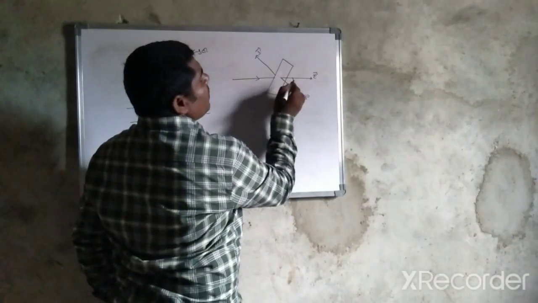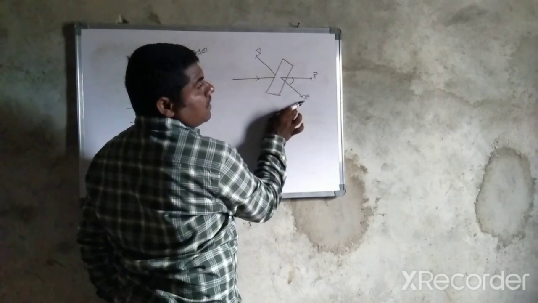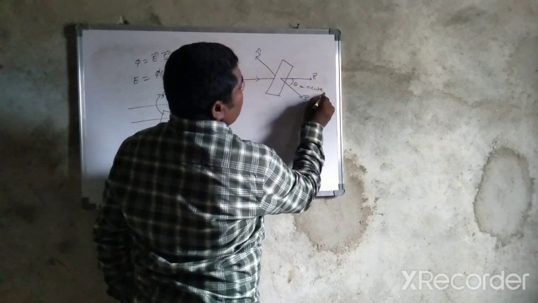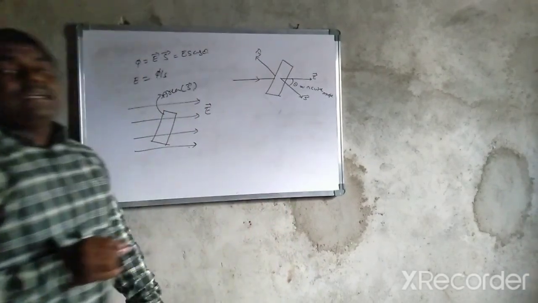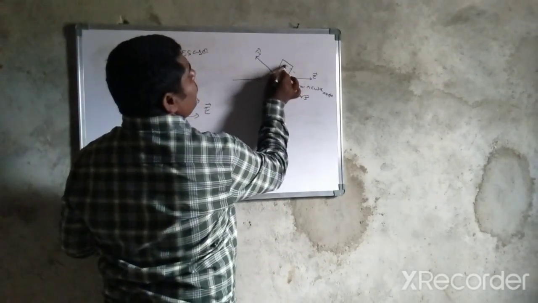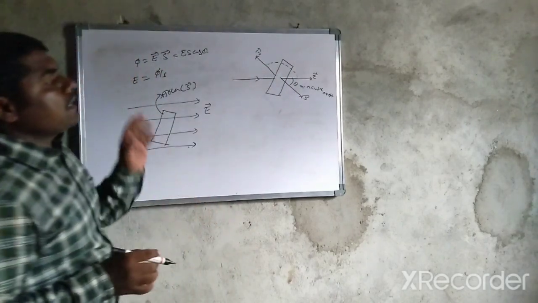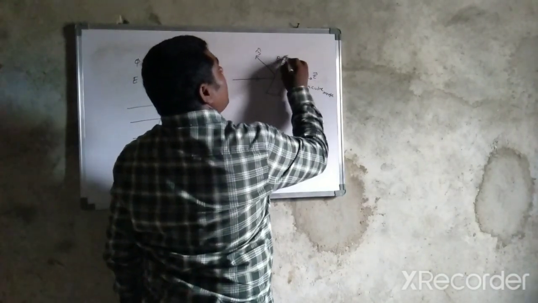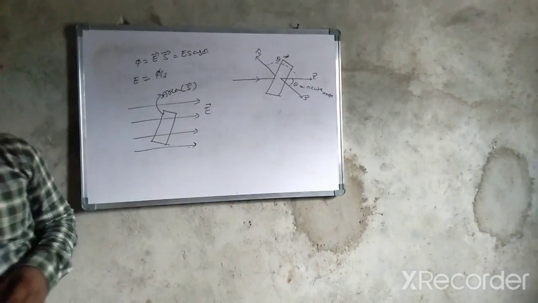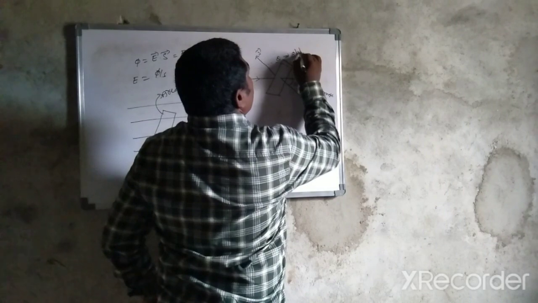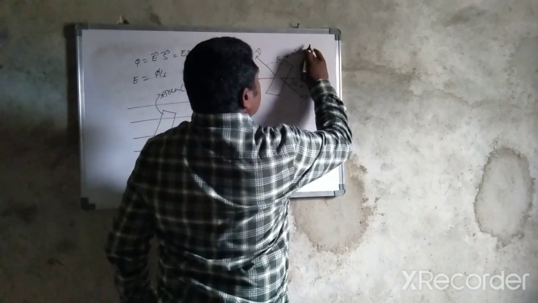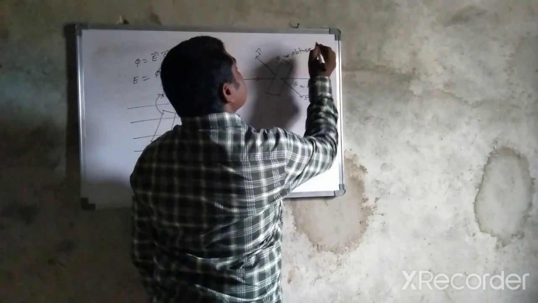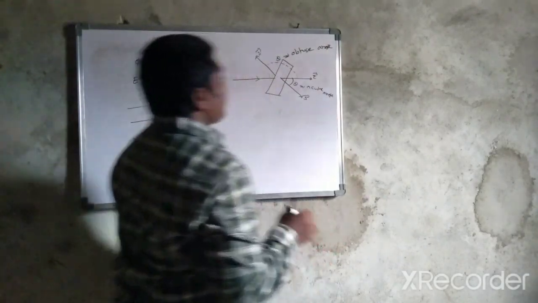The angle between this electric field and the unit surface area here is called an acute angle. The angle between the electric field before entering the surface and the surface normal, we also consider as theta, but this angle is called an obtuse angle.